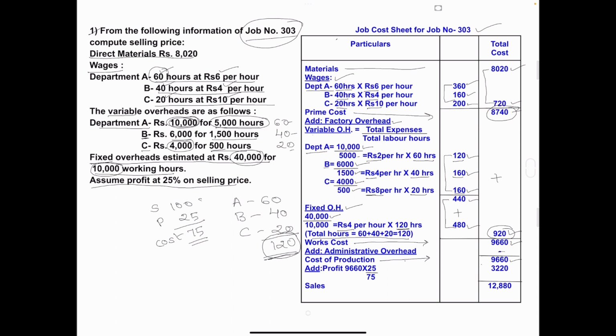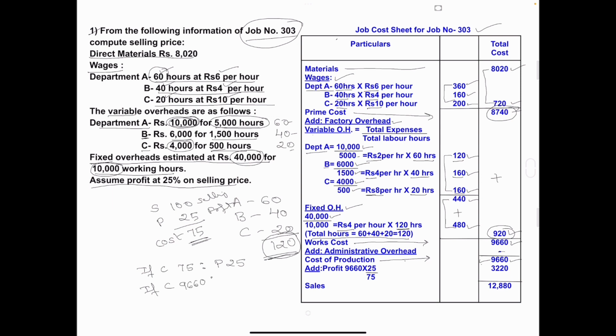Okay, 100 is the selling price, profit is 25, and cost amount is 75. So we have to make an equation that if cost is 75, then profit is 25. If the cost is, so in this problem cost amount is how much? 9660.